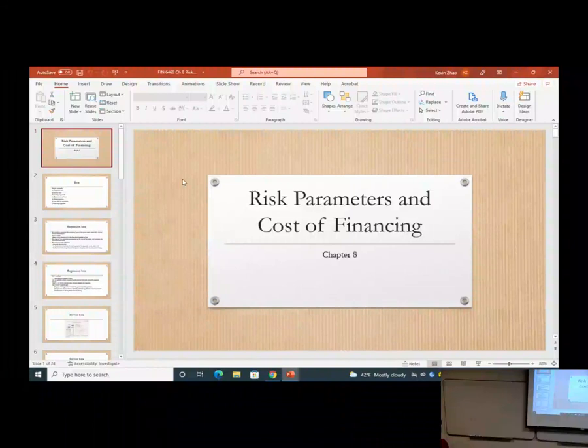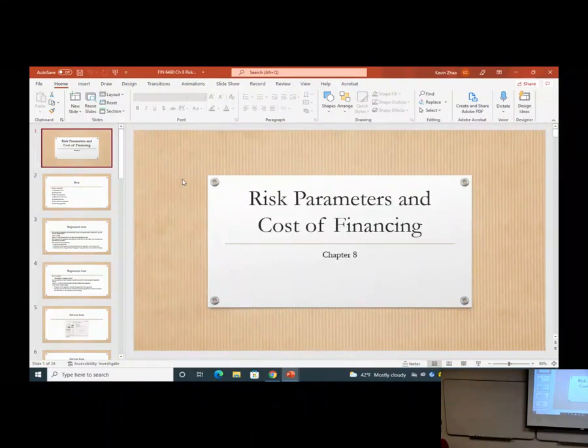And then R, cost of equity or required rate of return, equals risk-free rate plus beta times equity risk premium. We fixed the risk-free rate and equity risk premium, and now it's time for us to fix this beta.